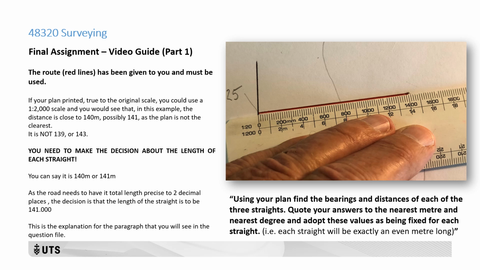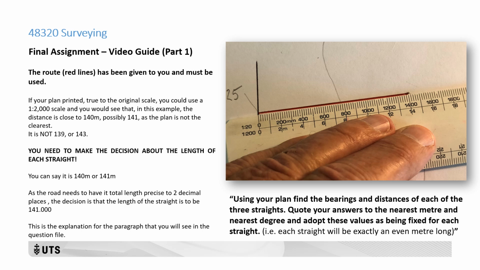Your choice. What you've got to remember, though, is that the road needs to have its total length precise to 2 decimal places. So if you decide that the length is going to be 141, then it's going to be 141.000 metres. So this is to clarify the comment in the plan, or in the instructions, where it says, using your plan, find the bearings and distances of each of the three straights.